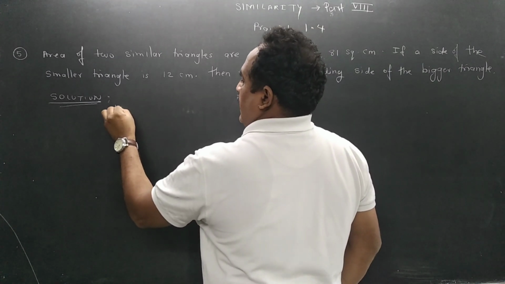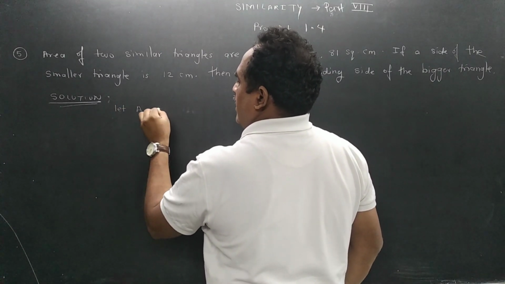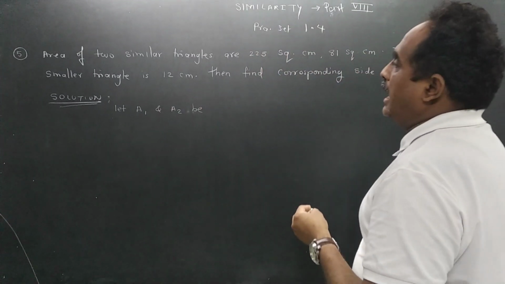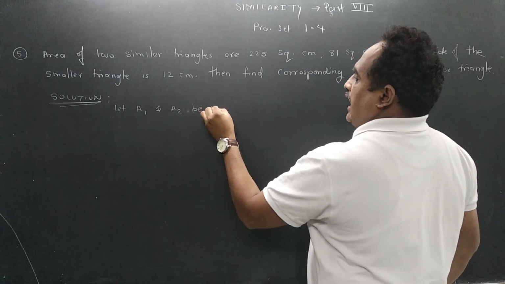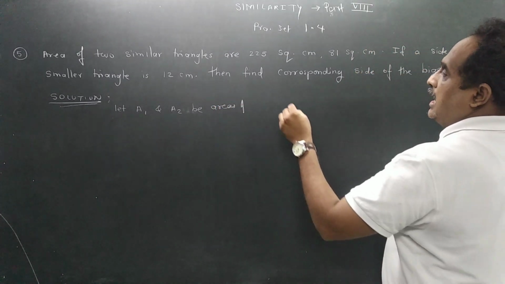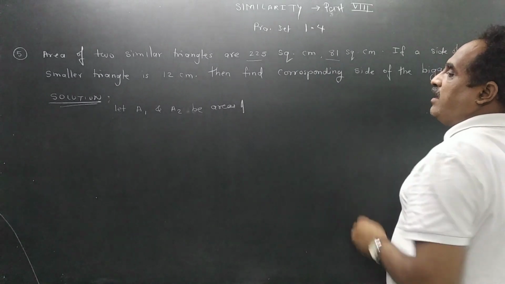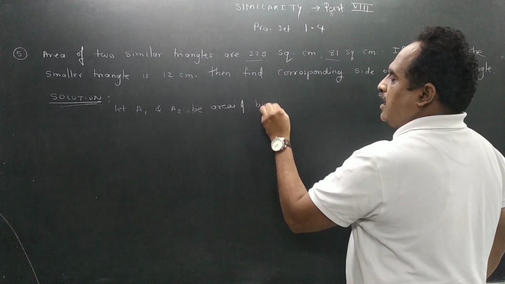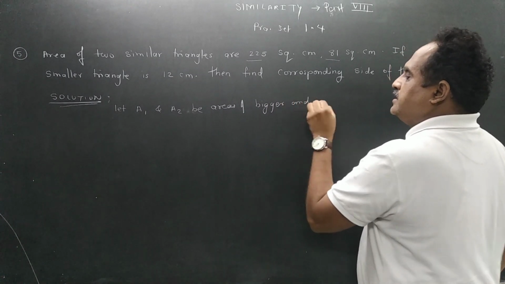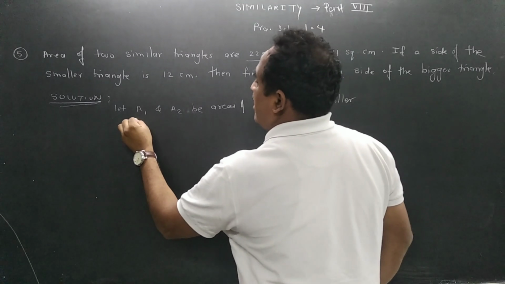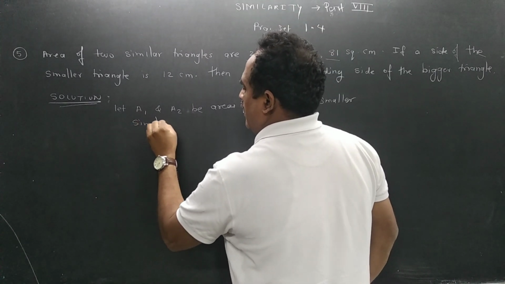Now you are going to mention: let A1 and A2 be areas of, here it is 225 and 81, bigger and smaller similar triangles respectively.